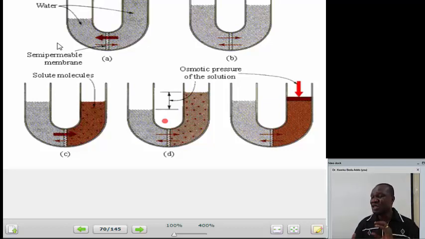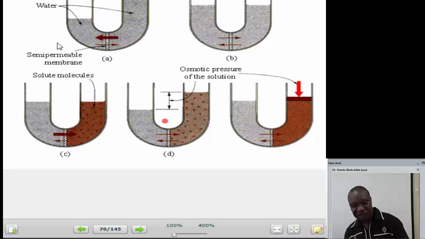Now, I want to give you a practical example of osmosis occurring in the body. During the giving of infusions, normally the infusion is 0.9%, right? Now, this is isotonic to plasma, right?